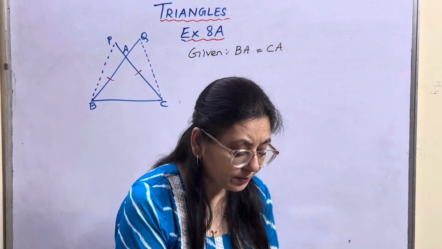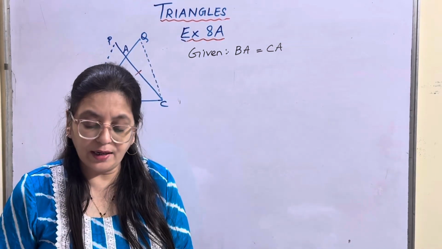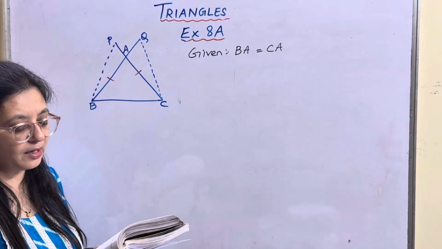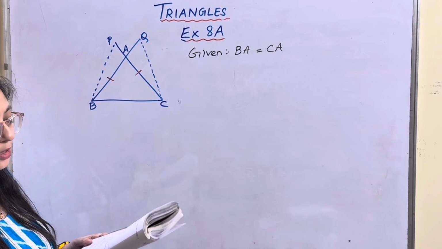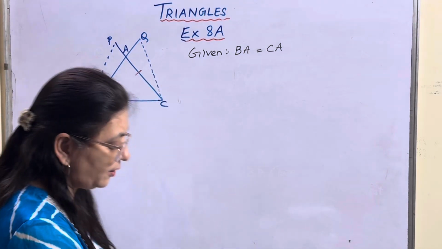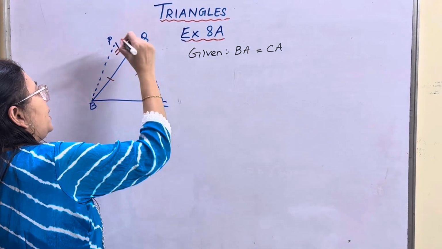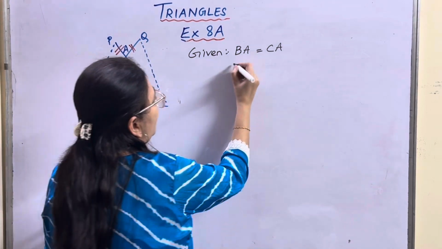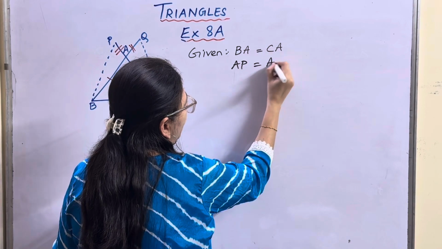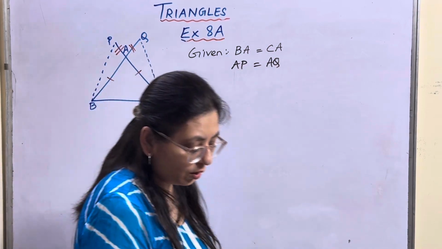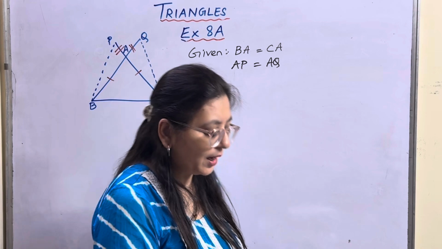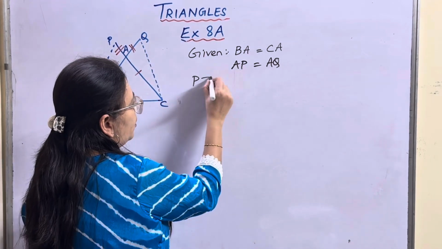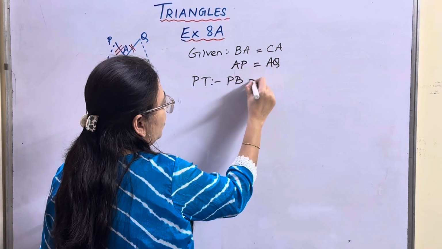And sides of triangle ABC are produced to Q and P respectively such that AP is equal to AQ. Another piece of information is AP is equal to AQ. That is also given. Now what you have to prove? Prove that PB is equal to QC.